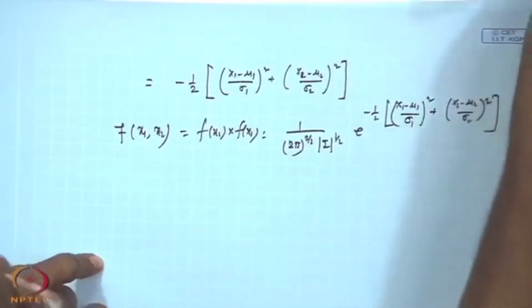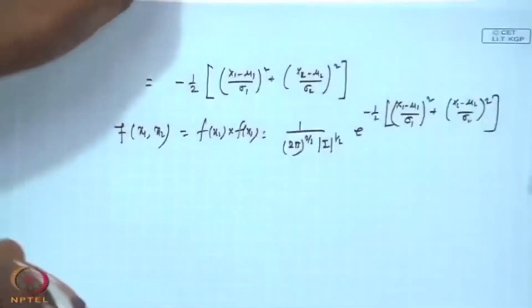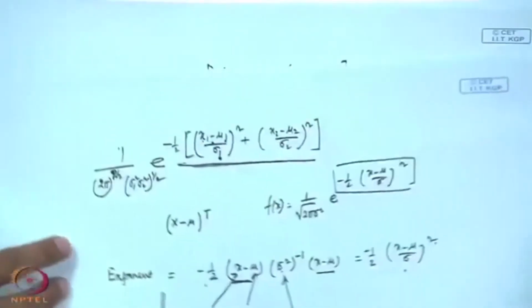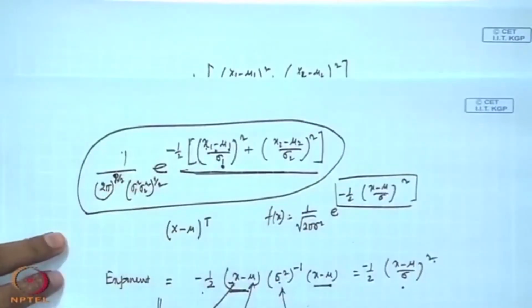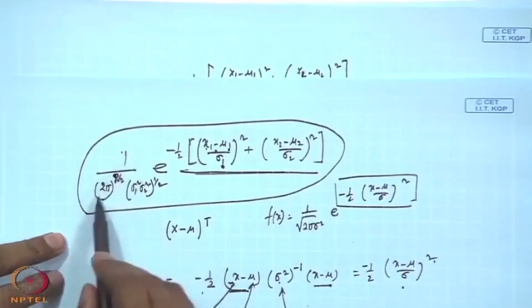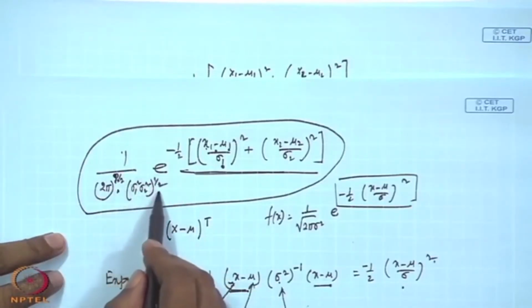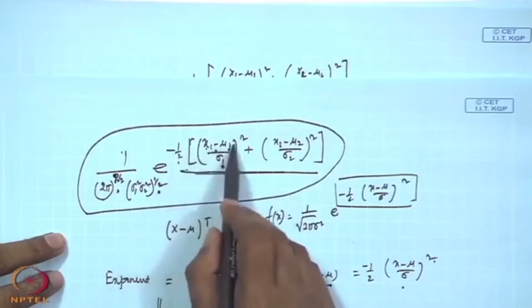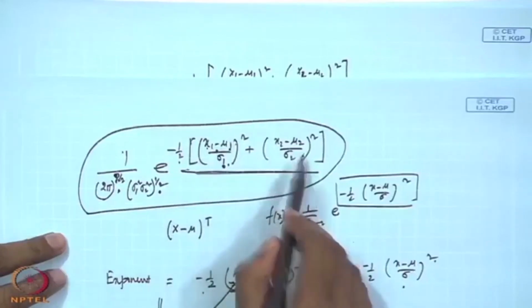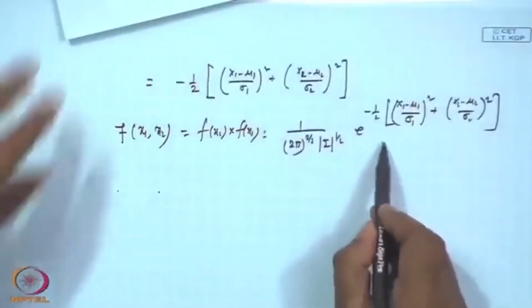I am showing that earlier, when we multiplied the two, what we got here: 1 by (2 pi) to the power 2 by 2, sigma 1 square sigma 2 square to the half, then minus 1 by 2 times (x 1 minus mu 1) by sigma 1, all square. Here the same thing you are getting.